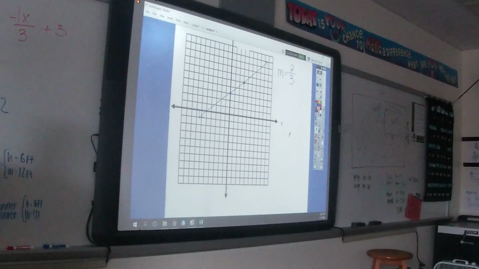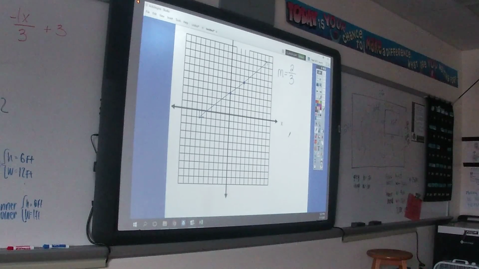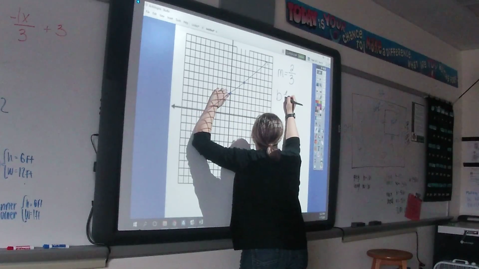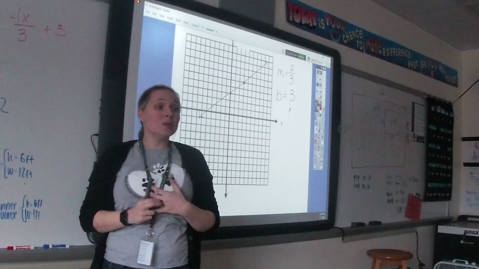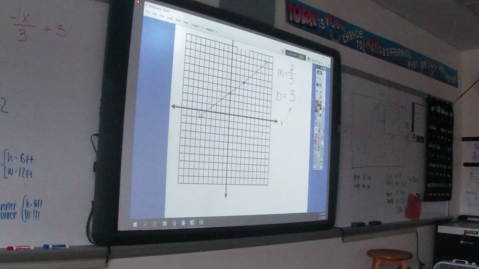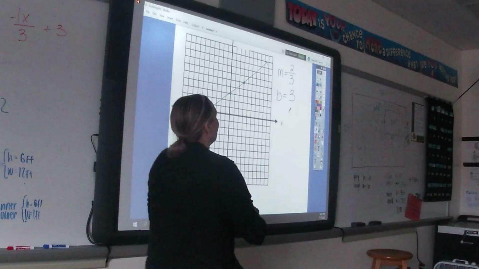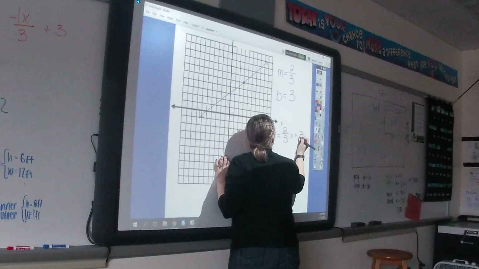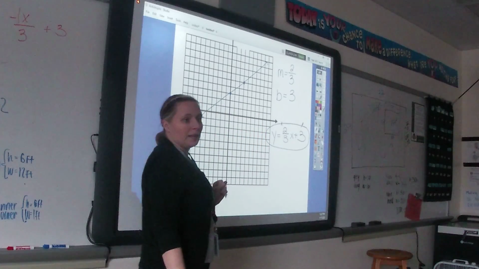That by itself isn't enough information. Can we find a y-intercept on this line? Yes. What letter do we use for y-intercept? B. So what does B equal? 3. So now we have a slope and a y-intercept, which is what situation 1 was. And so we can then plug this into y equals mx plus b, so y equals 2/3 x plus 3, and there's the equation of that line.